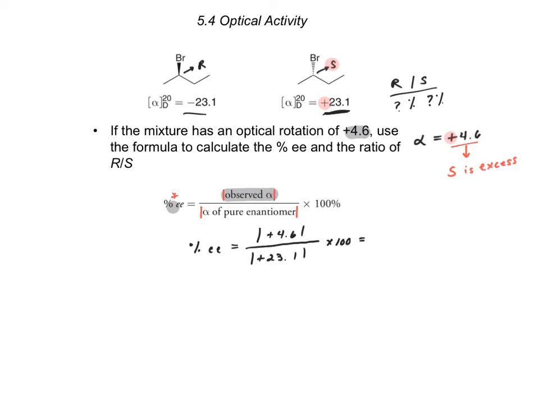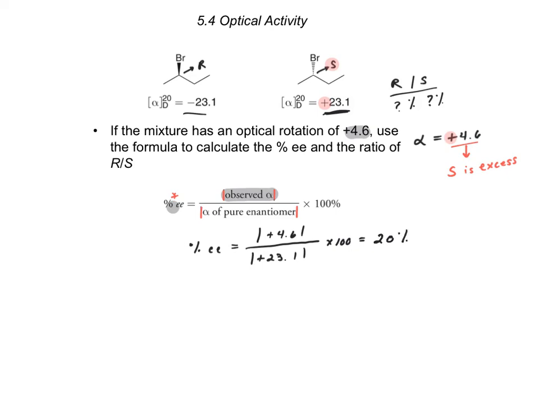And so when we do that, we end up with a percent enantiomeric excess of 80%. And I want to check that because I just want to make sure. 4.6 divided by 23.1 gives us 20%. That's my bad. That did not seem right. Okay, so this gives us a percent EE, or percent enantiomeric excess, of 20%.